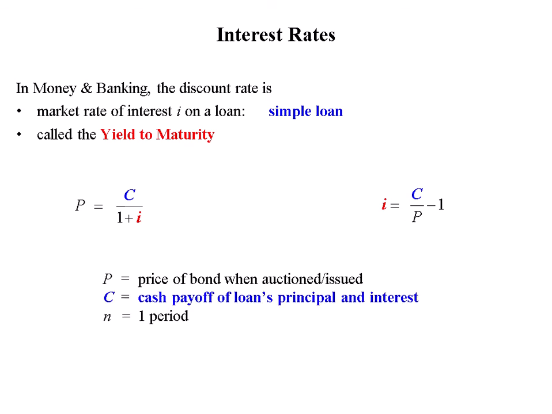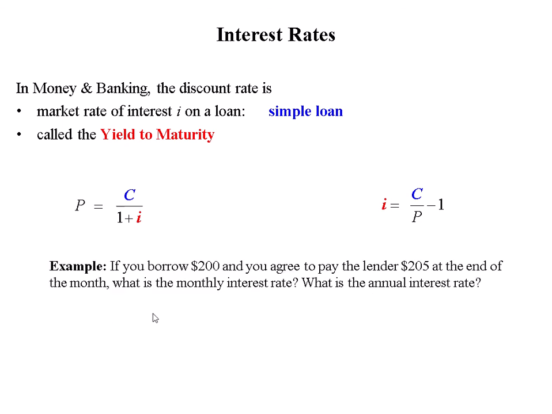How about a simple loan? Well, a simple loan is just like a discount, right? Where the principal is P, C is the cash payoff of the loan's principal and interest, and then N is 1 period, and it works just like it did before.